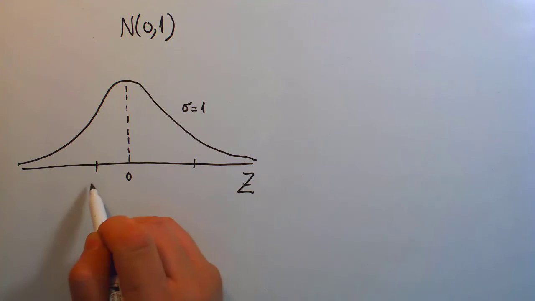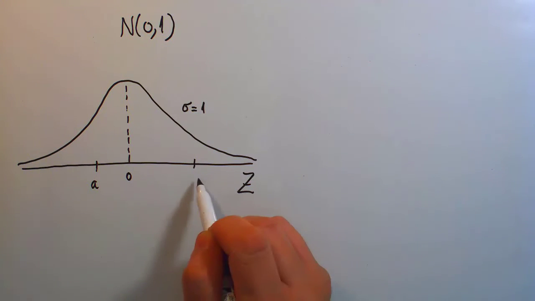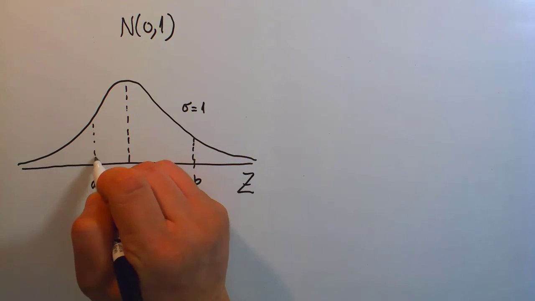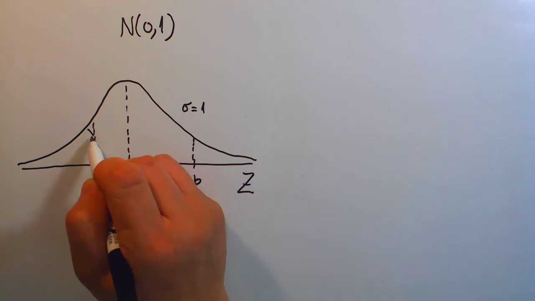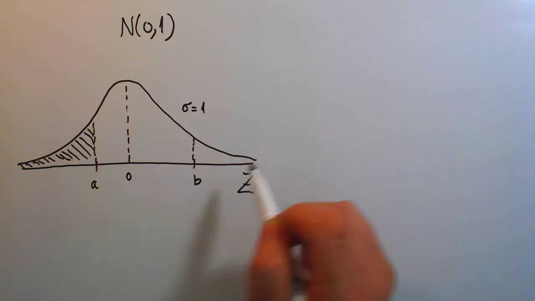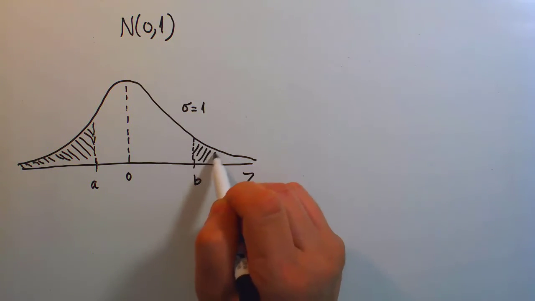We got a z-score in the low end, we got a z-score in the high end. However, the areas we're looking at are actually disconnected areas, where one of them is to the left of the lower z-score and the other is to the right-hand side of the higher z-score.